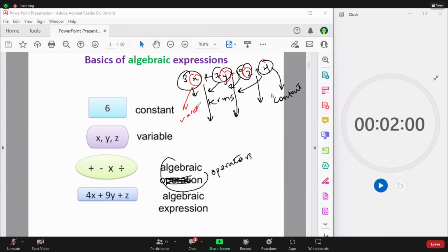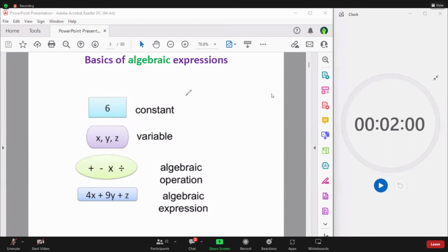Why variables? Because the value of the variables keeps on changing. Now, all this collectively makes an algebraic expression. This is an expression. This is not an equation. This is an expression.